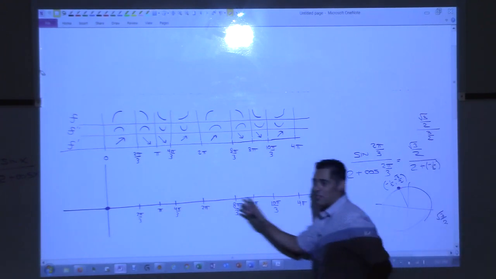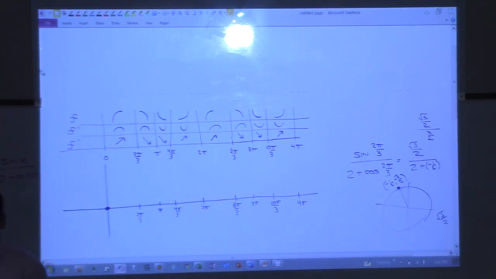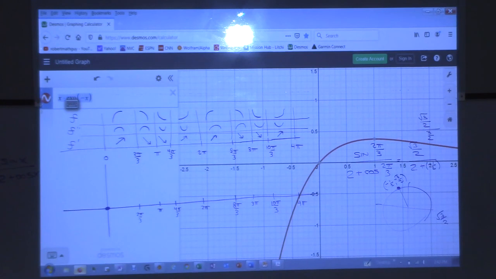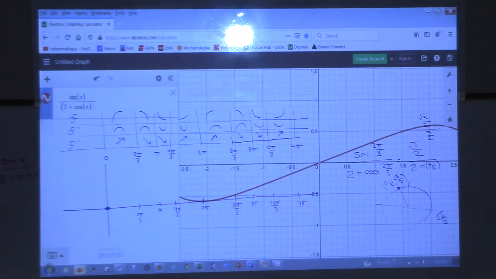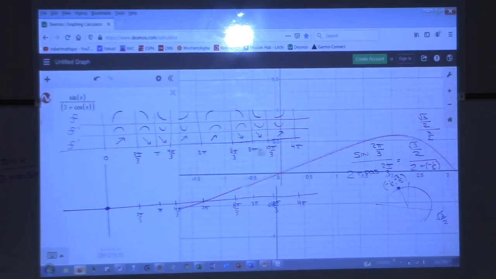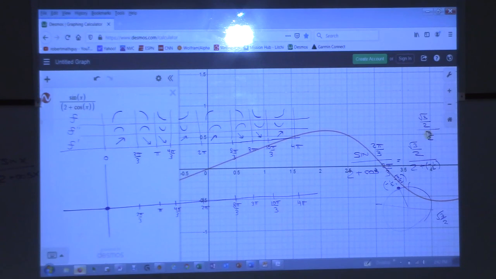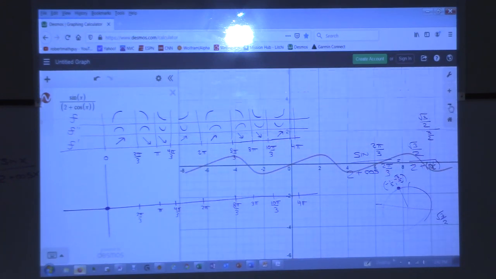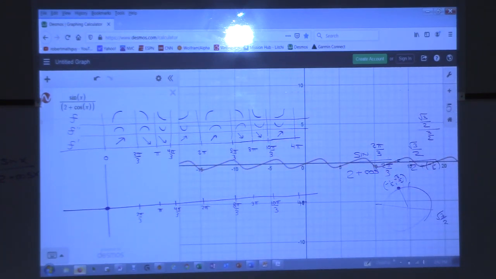Now imagine going through and plotting all these points. I'm not going to have time to do that, so here is what it looks like: sine x over 2 plus cosine x. There it is.